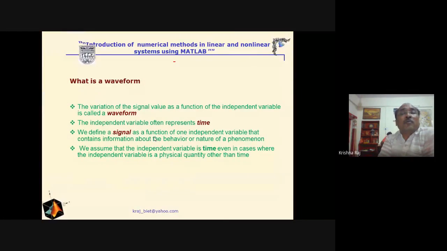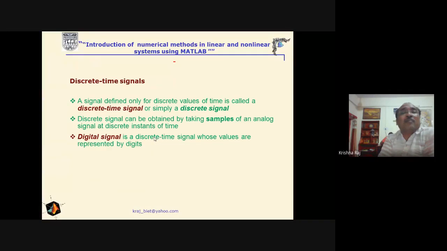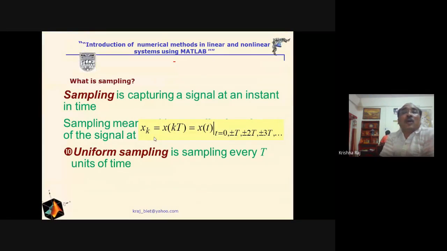Now the signal may be continuous or discrete. We are skipping this one. If the system is in the analog or continuous domain, it is represented by x of t. That means it is true for each and every time, over a range of time. But it can be discretized, that is, the system will not exist for every time, but only for certain durations.